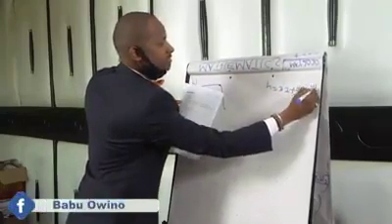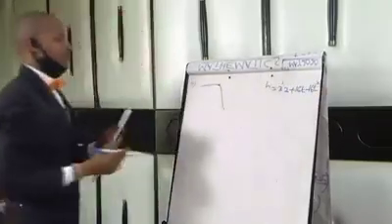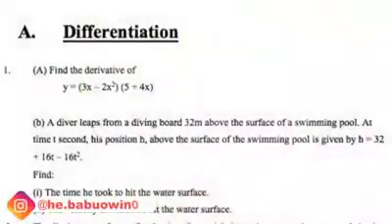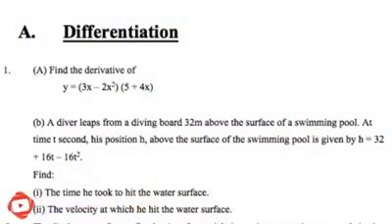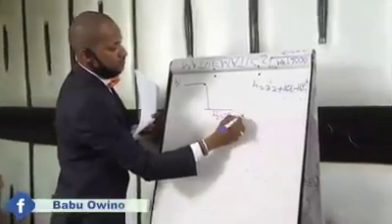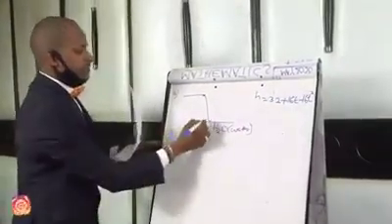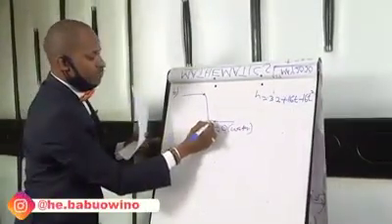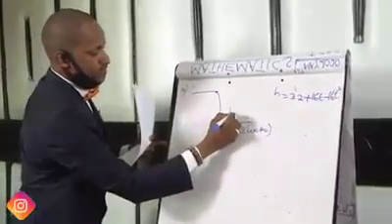Now the first part of this question wants us to find the time he took to hit the surface of the water. So when the diver dives from here, hits the water surface, if this is water, at the water surface, height is 0.